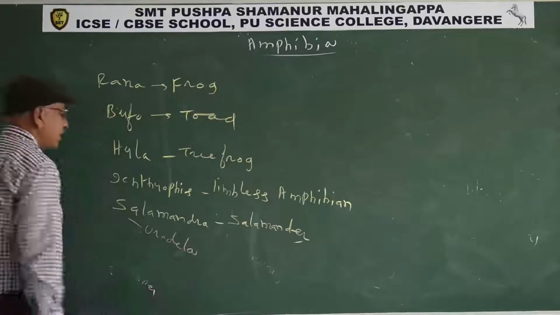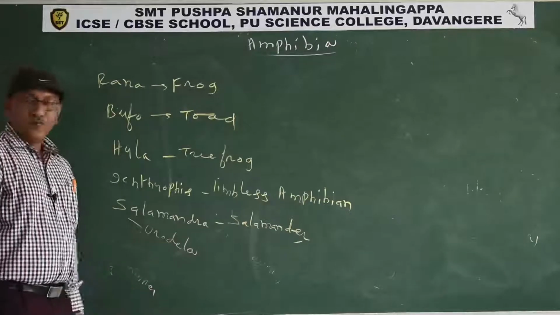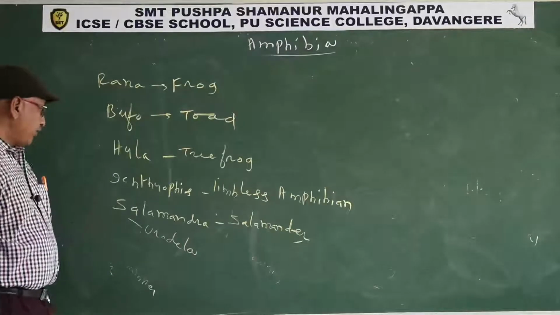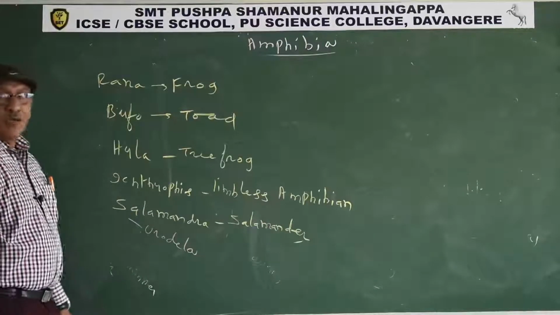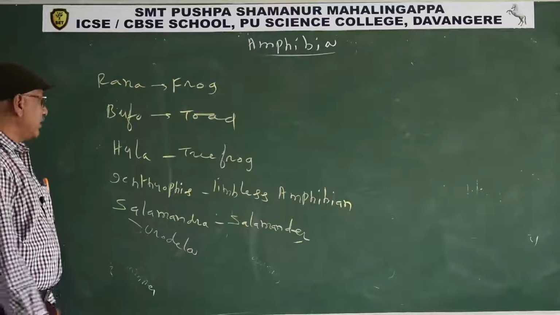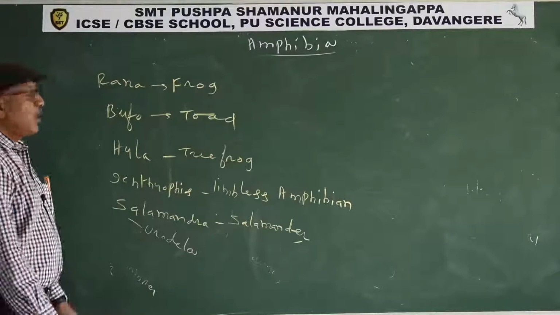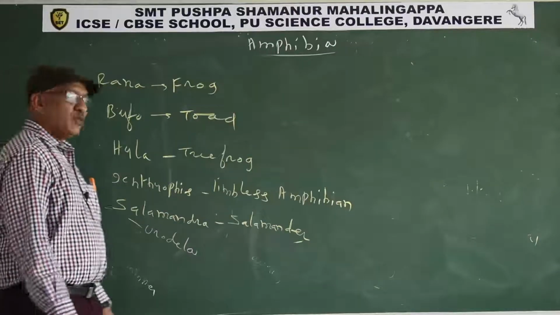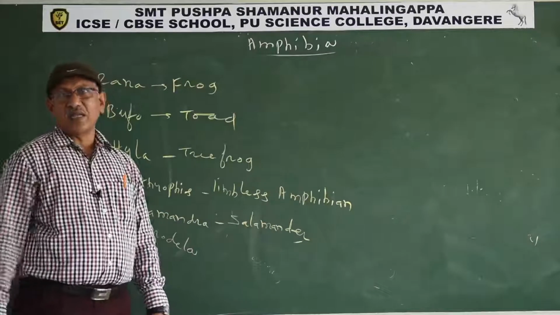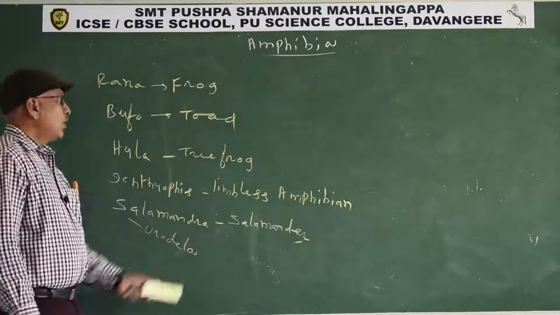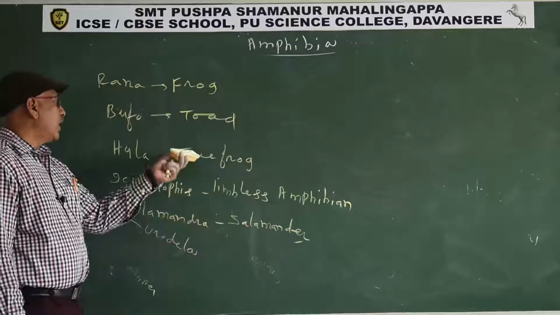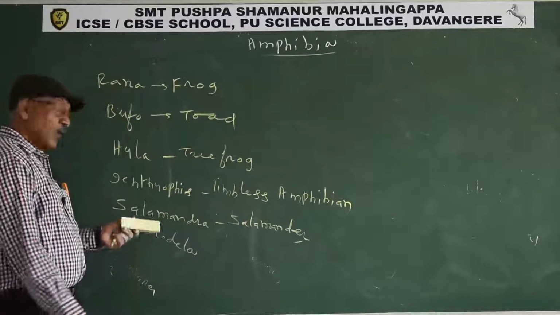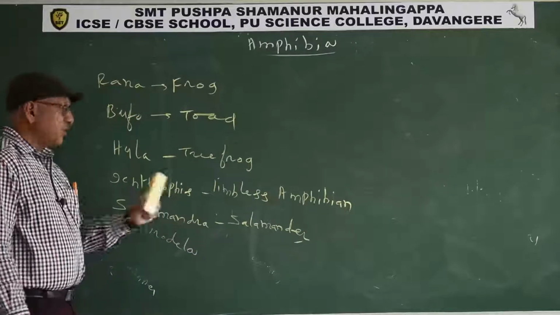Ura means tail, dela means having. So, adult amphibian with tail, Urodela. In Salamandra, forelimbs and hind limbs are equal in size. In frogs and toads, hind limbs are bigger than forelimbs. In resting condition, hind limbs appear like the alphabet Z. So, hind limbs are bigger than forelimbs in Rana, Bufo, Hyla.